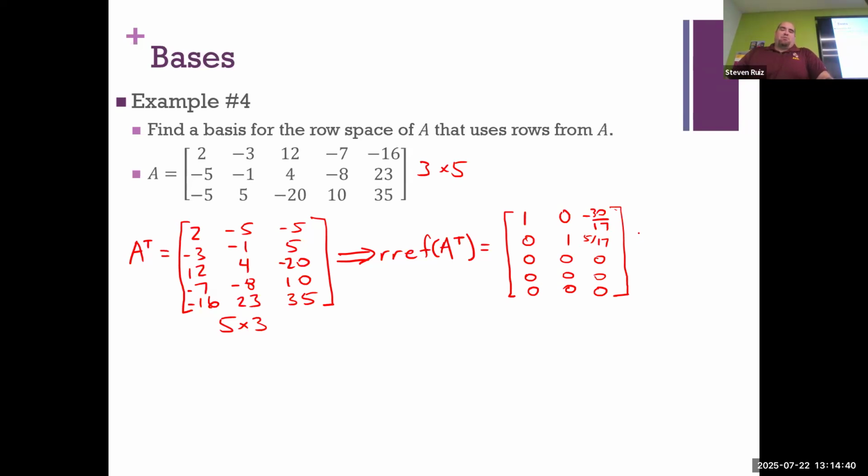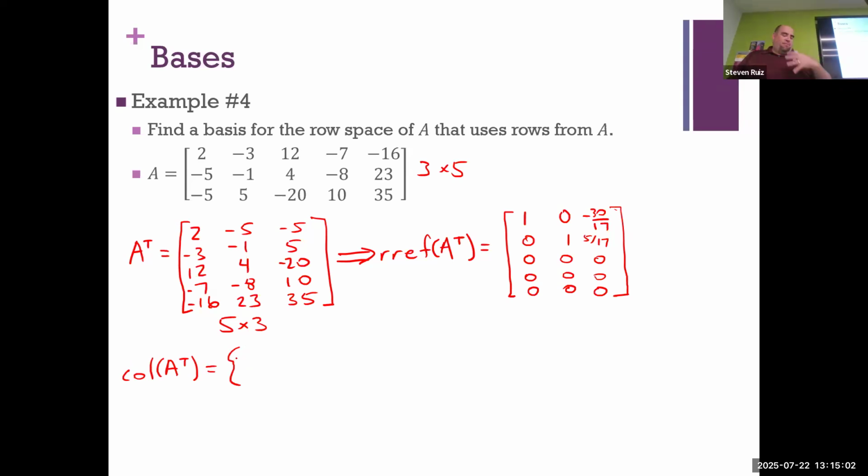we want a basis for the row space, right? But we've transposed, so now we want a basis for what? Basically, we want the column space of A transpose, or at least a basis for it. So what's a good basis?